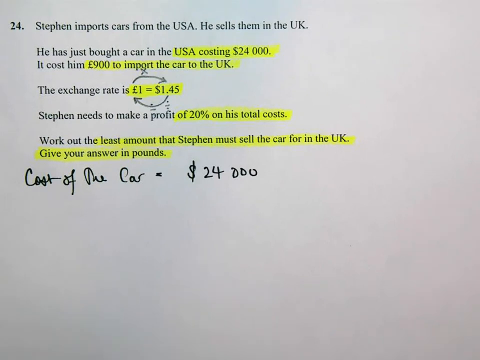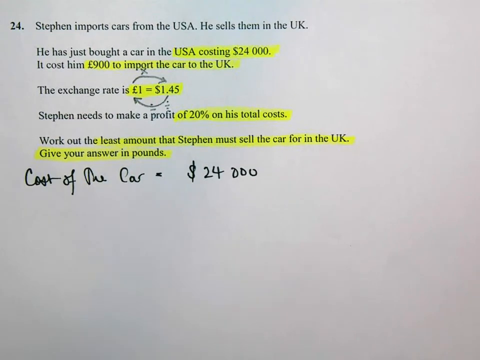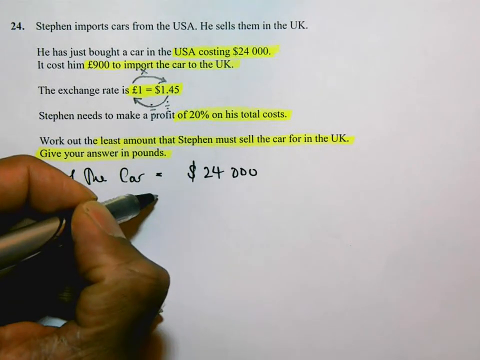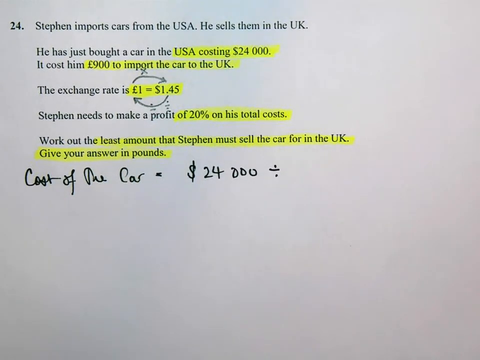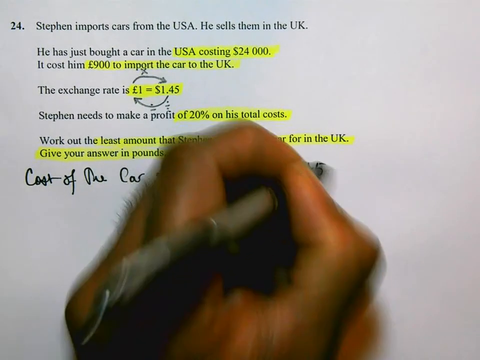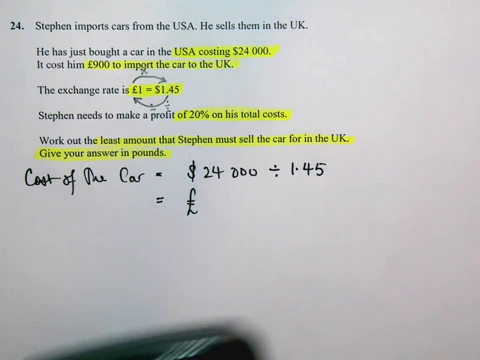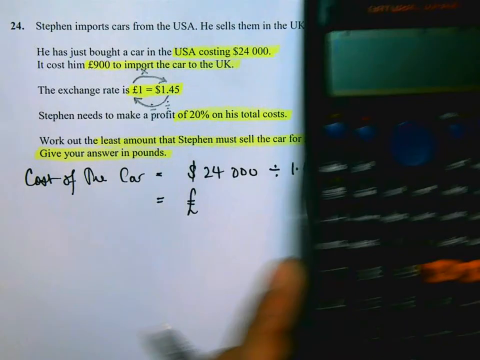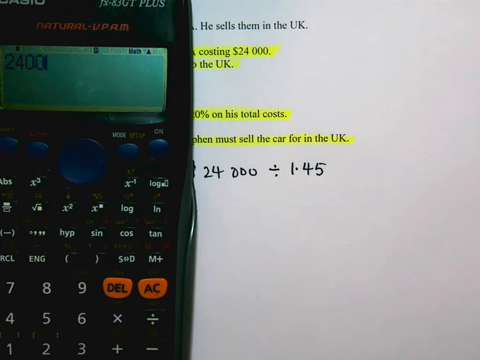So to work out the cost of the car into pounds, if I wanted to change it into pounds, I would divide this number, $24,000, by 1.45 to change it into pounds. So get your calculator out. Remember, this is the calculator paper. 24000 divided by 145, and that's going to give you this big number here.